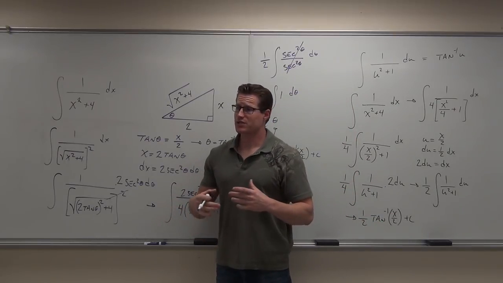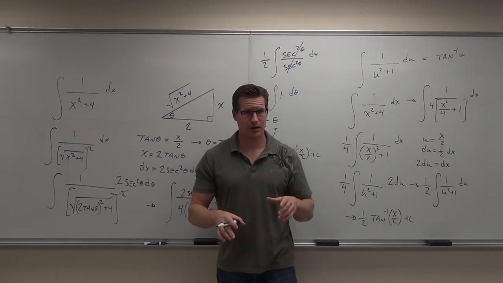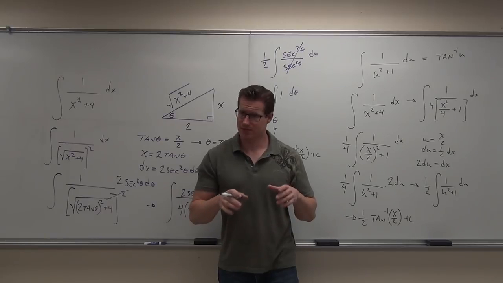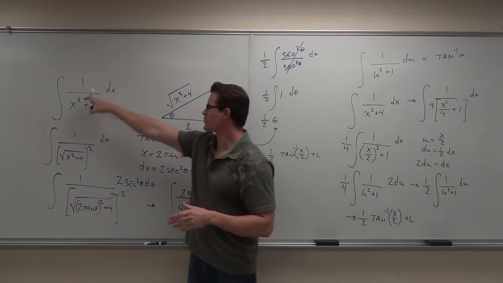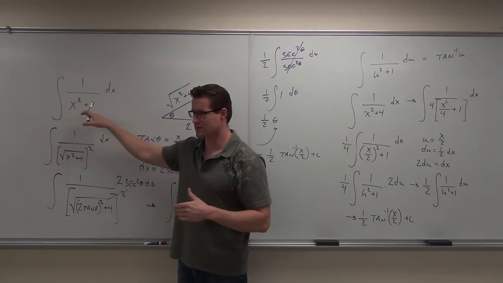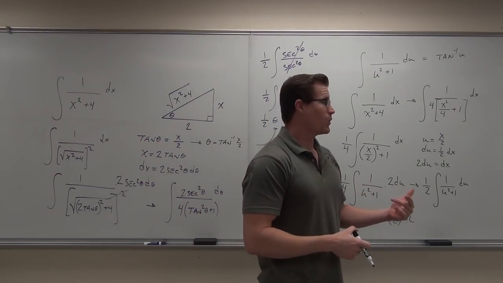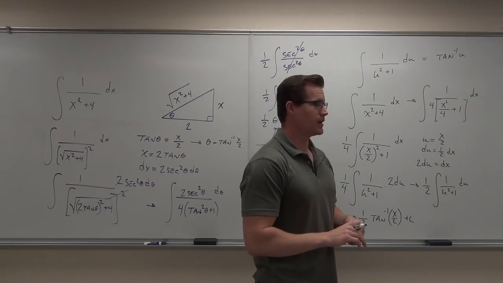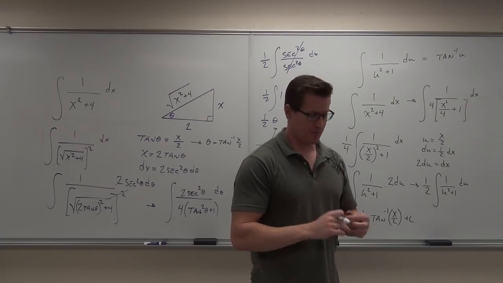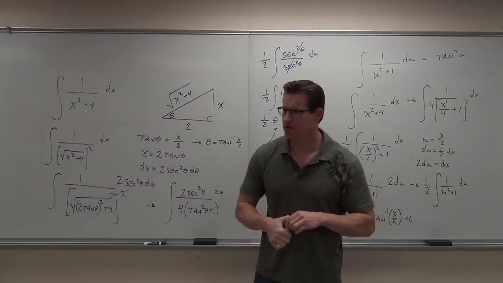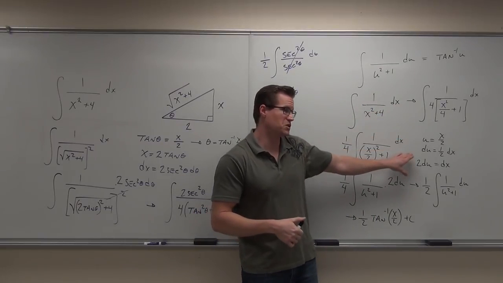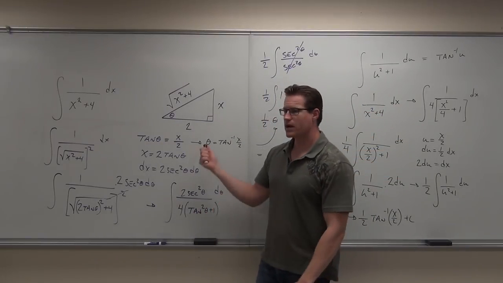So if you ever see, and you are going to get this a lot, listen, one of these things where you have 1 over x squared plus 4 or plus 9 or plus 1. If you see that, how many ways can you go about doing it? And either way is fine. If you want the quick way and you want to do just a little substitution, do this. If you like the triangle method, do this.